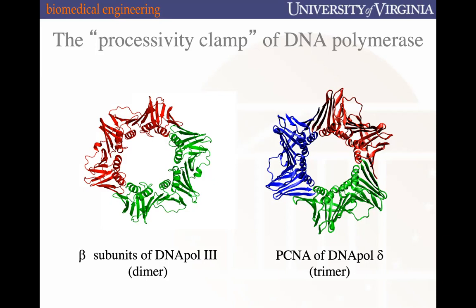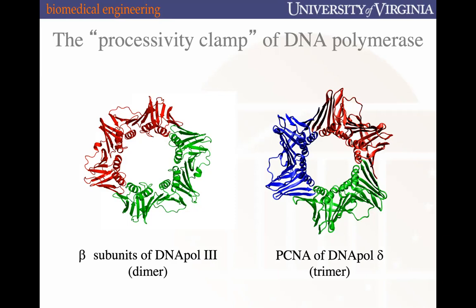To the left, we have a dimer form of DNA polymerase that is present in prokaryotic cells. The eukaryotic example is in a trimer form. There's homology between them, but the way in which the subunits come together differs.